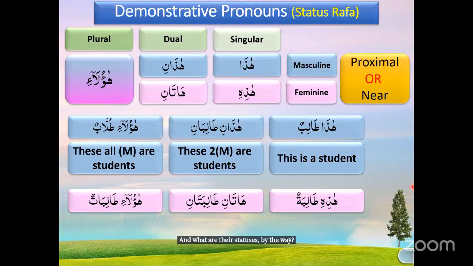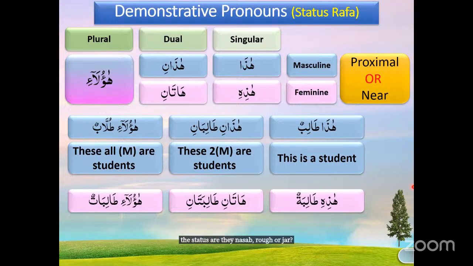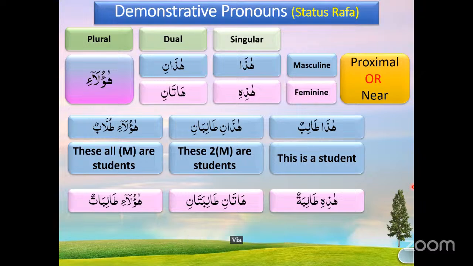And what are their statuses, by the way? Are they nasab, rafa, or jar? Both are going to be rafa. Okay. Now, why are they in rafa? Because the subject and the khabar are mostly in the rafa status in nominal sentences.